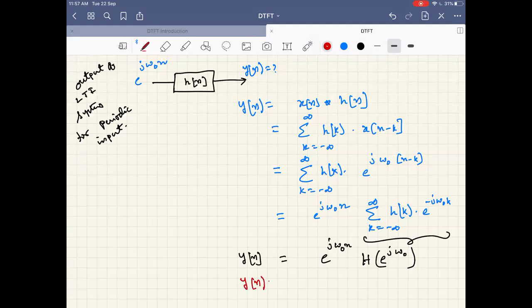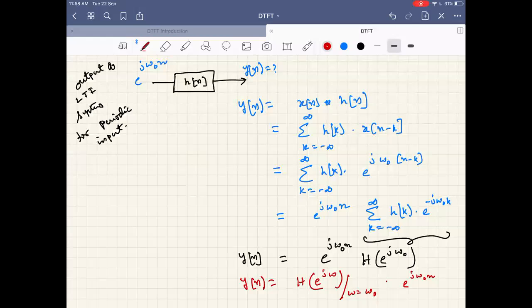As you can see, this y of n can nicely be written in terms of x of n into H of e power j omega, where omega equals omega naught, when the input is e power j omega naught n, and this is x of n.